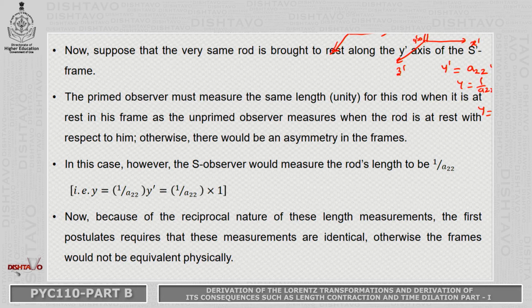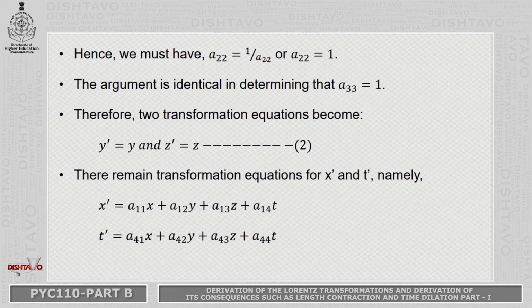The measurement of the rod should be the same as per the postulate of relativity: the laws of physics are invariant under inertial frames of reference. So 1 by a22 should be equal to a22. That's why we write a22 equal to 1 divided by a22, because of which we get that a22 is equal to 1.